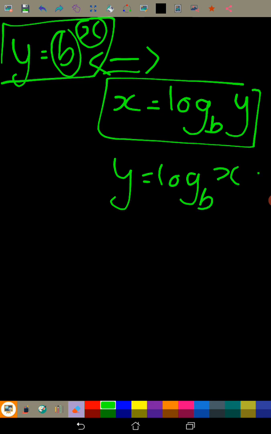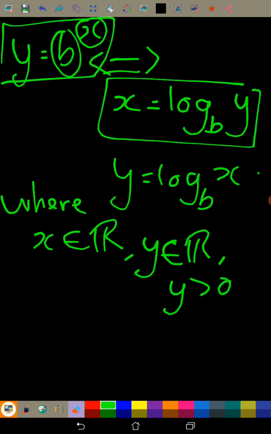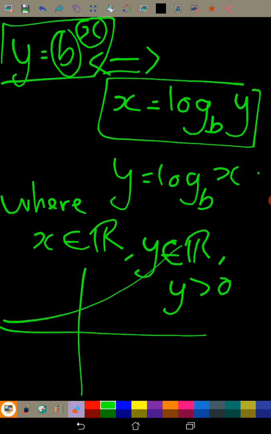And so where x is an element of the real numbers, and y is an element of the real numbers, and y is greater than 0. We know why y is greater than 0, because here it's an asymptote.